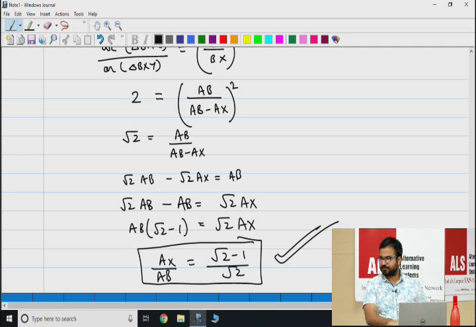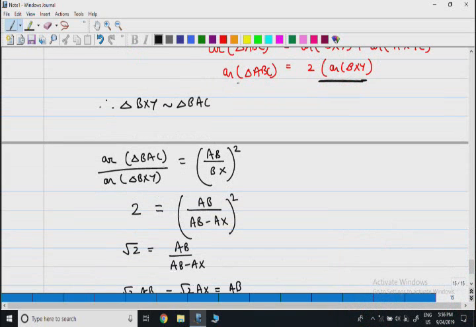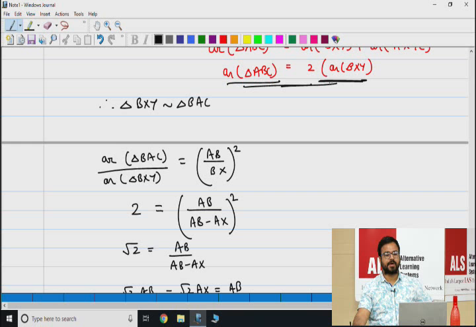Last paragraph. See, till now, is it clear that the area of triangle ABC is twice the area of BXY? And after this, what have we done? After this relationship, the area of similar triangles is equal to the square of the ratio of corresponding sides.